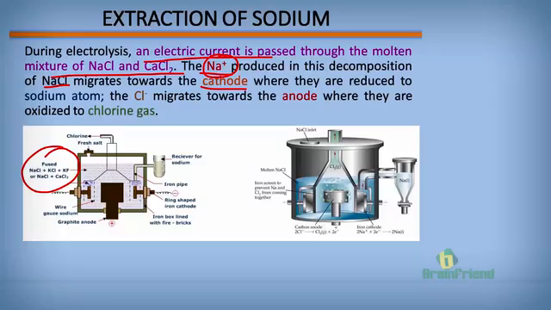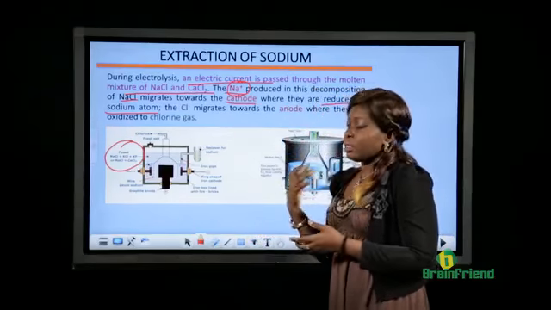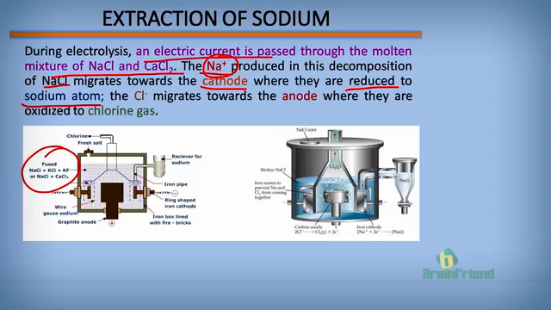All right? So, when it migrates to the cathode, okay, it will be reduced to the sodium atom. Remember that when it goes to the cathode, it is going to gain electrons. And that process is called what? Reduction. So when it gains that electron, it is going to what? Be reduced to the atom. While the chloride ion produced is going to migrate towards the anode, which is the positive electrode. All right?